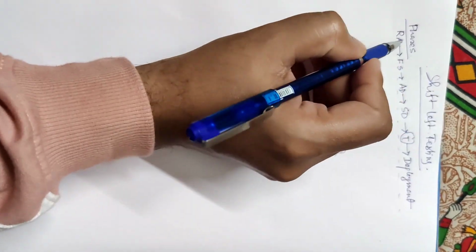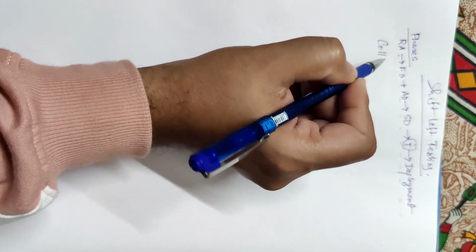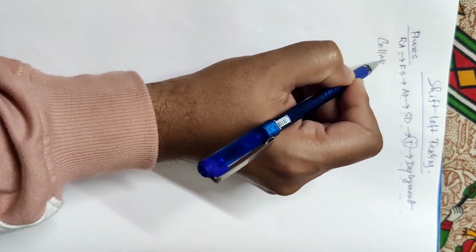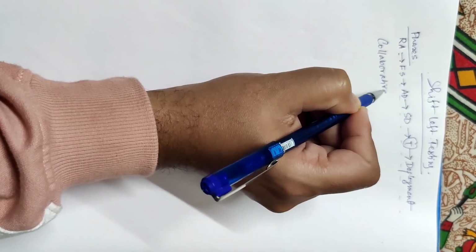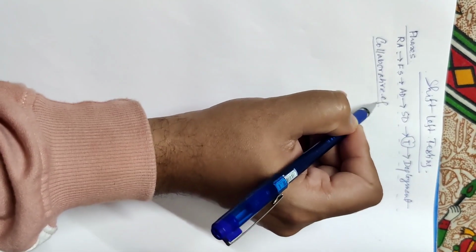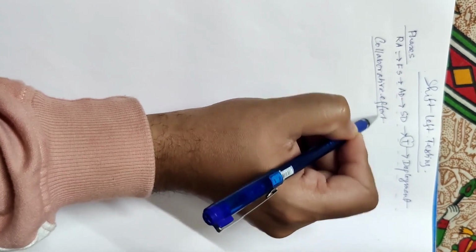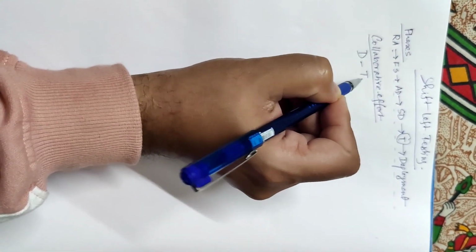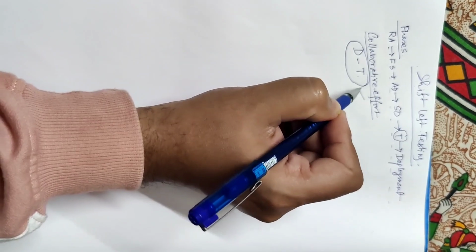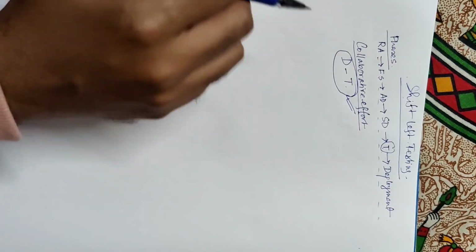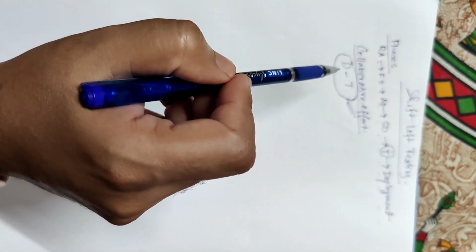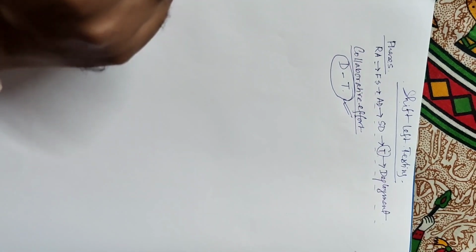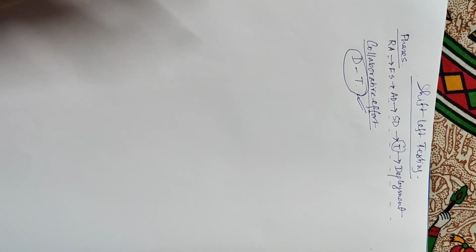There is a need for collaborative effort and pair programming between your developers and testers. Developers and testers need this collaboration, and this is highly recommended as well as highly essential if we want to achieve this in the true sense, right?